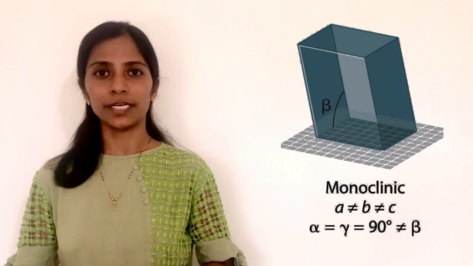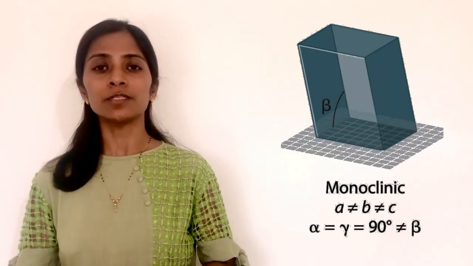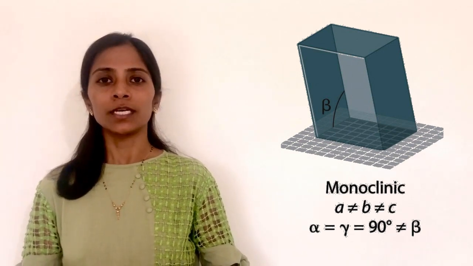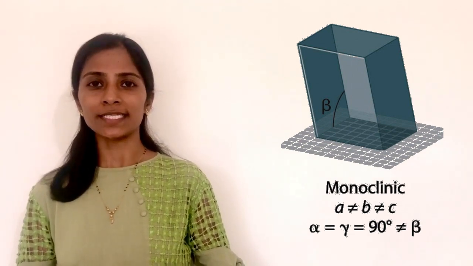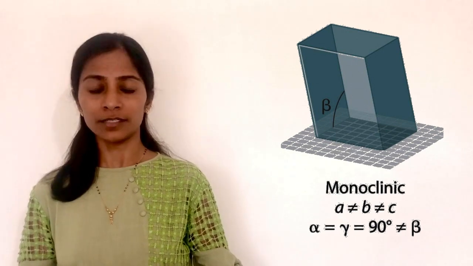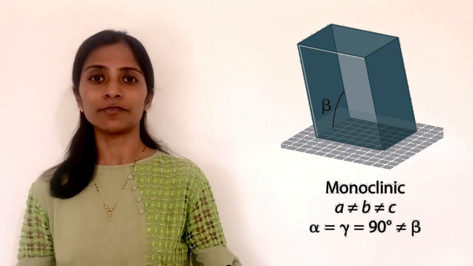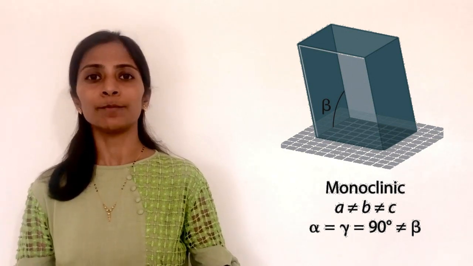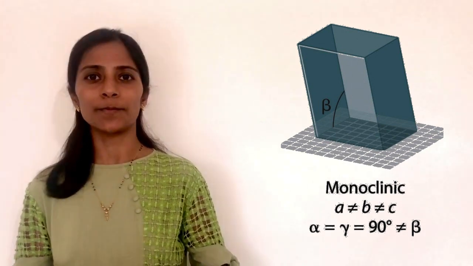The fourth crystal system in our list is monoclinic. The conventional unit cell of this system shows a not equals b not equals c. In this system, 2 axes are mutually perpendicular and the third axis is inclined at some different angle. Thus, alpha and gamma equal 90 degrees and beta not equals 90 degrees.